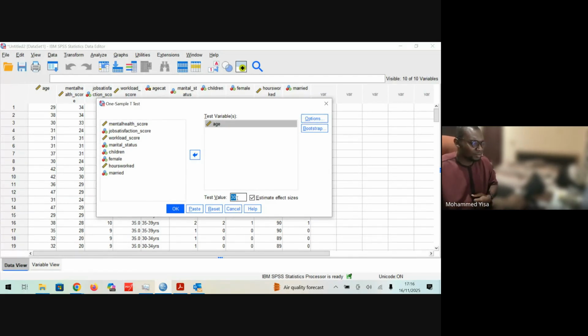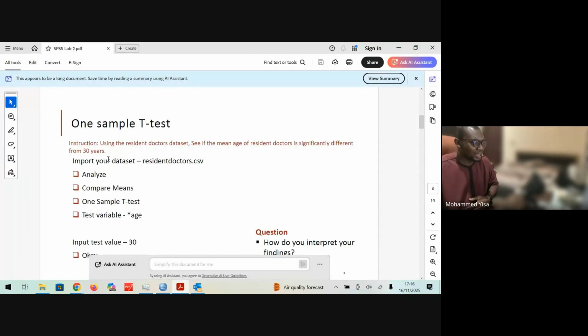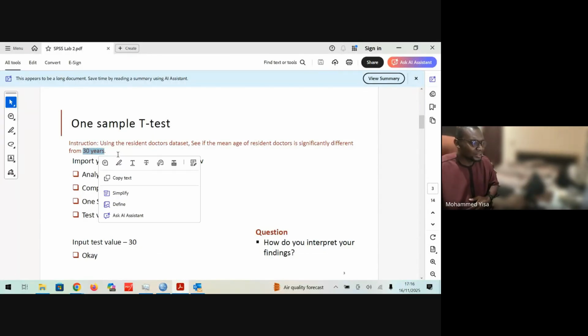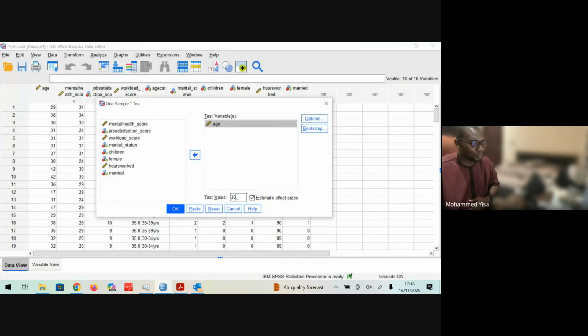If you remember from the question here, we are asked to see if the mean age of resident doctors in this data set is significantly different from 30 years. And that is the reason why we have put in a test value of 30 here. So once that is all okay, then we just click OK.